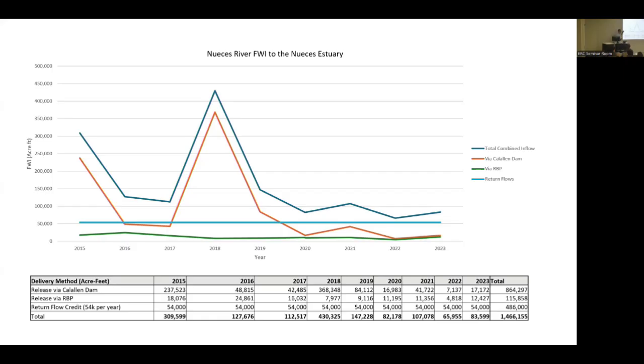You have spills over the Calallen Dam, which is this orange line here. You have what are called return flows, which is a calculated set amount that the operators are credited, which is 54,000 acre feet. That's this light blue line. That's essentially all water that is used or consumed by people that then eventually makes its way back to the bay system.